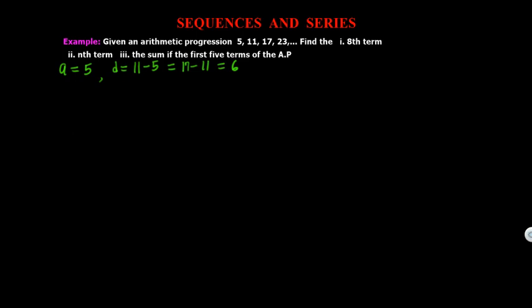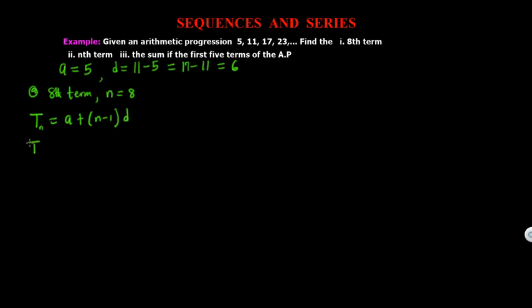Now that we know this, then the very first problem, say the 8th term. For the 8th term, our n is equal to 8 because that's what we are looking for. The general formula of the nth term of an AP is A plus, open bracket, n minus 1, close bracket, multiplied by the common difference.